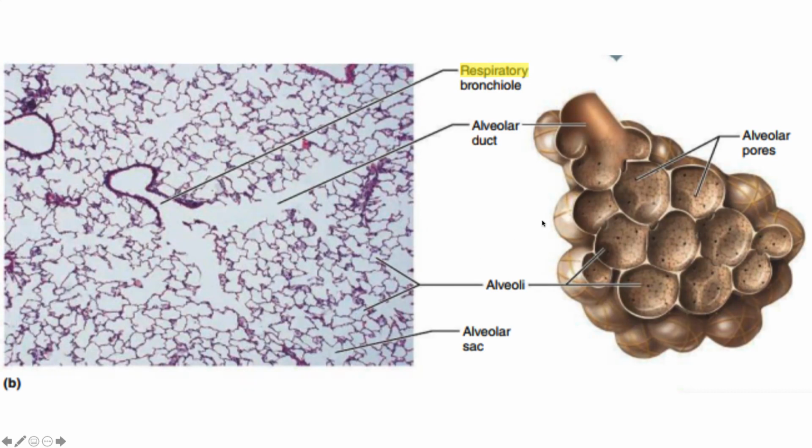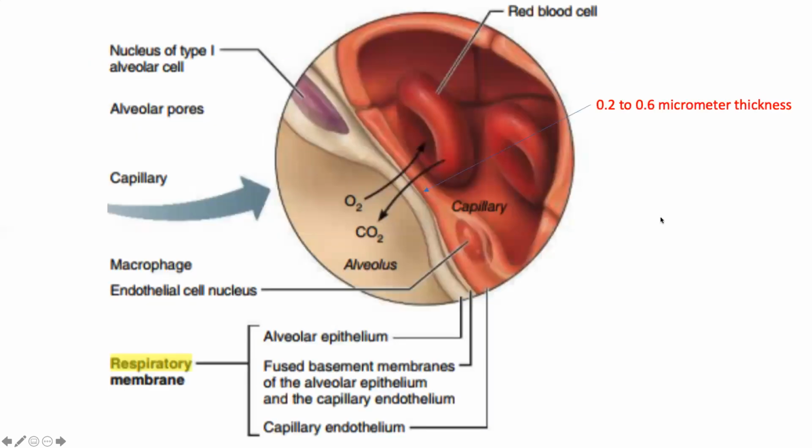If we imagine and draw a diagram, this is a single alveolus. In the alveolus, we have the respiratory membrane. The thickness of this respiratory membrane is about 0.2 to 0.6 micrometer. It is very thin, very flimsy, and therefore oxygen and carbon dioxide can cross this respiratory membrane.